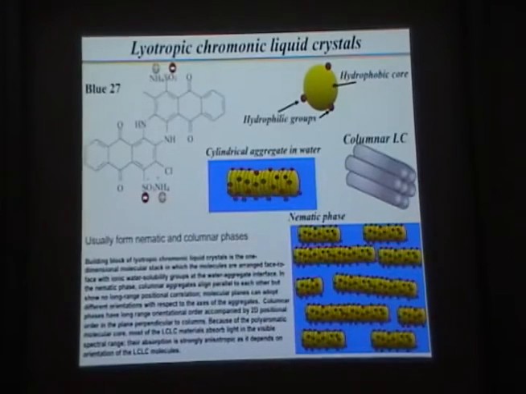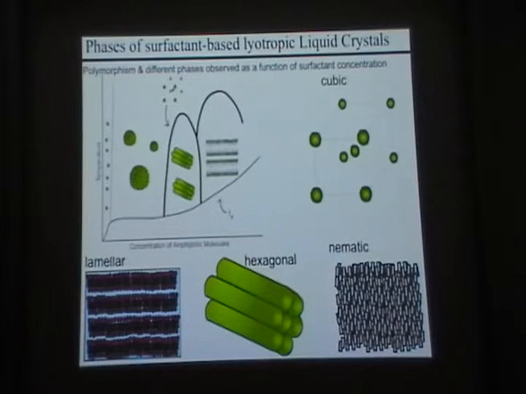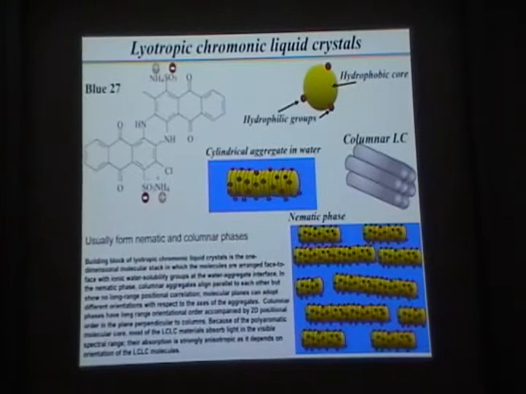Then as you will keep increasing concentration, a variety of phases will form, and depending on temperature and concentration, there is a very rich phase diagram of those phases, right? And what's beautiful is that this ordering is occurring by itself. You don't have to nanofabricate those features on the scales of nanometers, right?